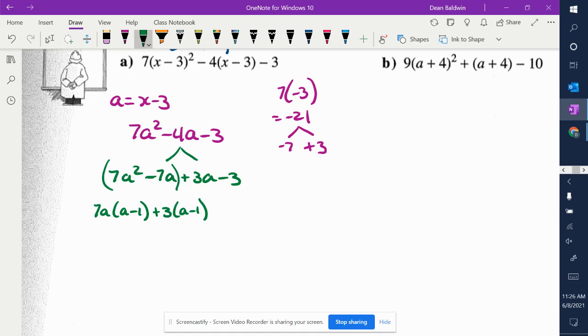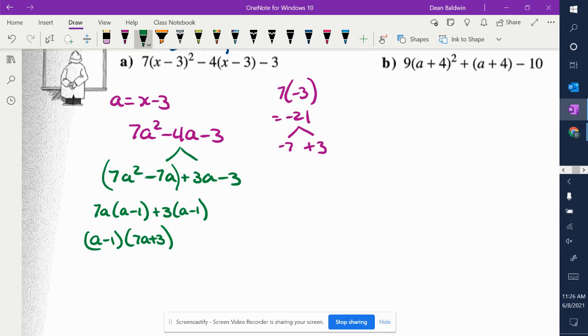You know you're doing it right because same brackets. Am I done? You know the answer is no. Why am I not done?